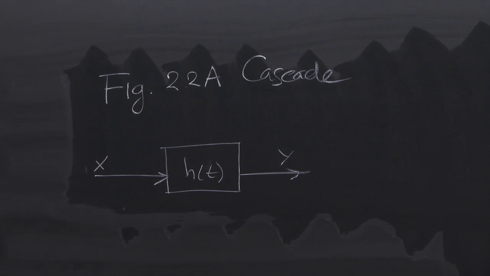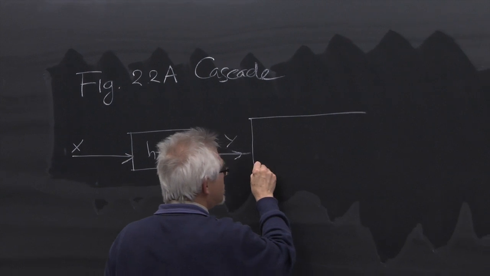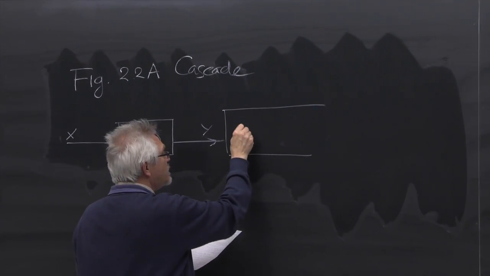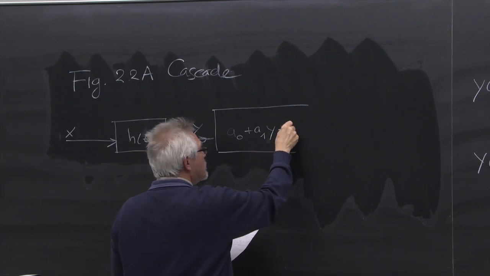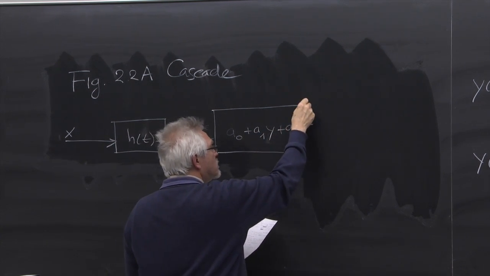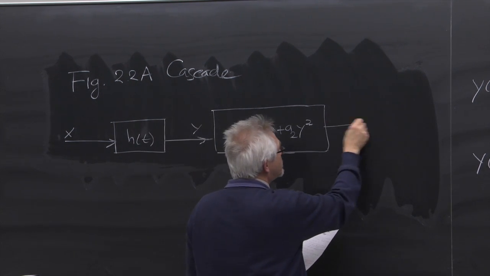And now we are going to make this system nonlinear by cascading a static nonlinearity.